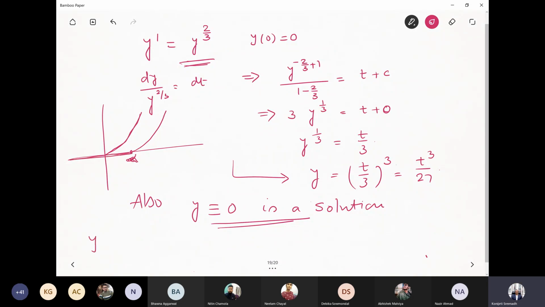So you write y alpha of t equals t minus alpha whole cube by 27 for t greater than alpha, and 0 for t less than or equal to alpha. You can see that this is a differentiable function, and it satisfies this equation. And this happens for every alpha which is a positive real number.